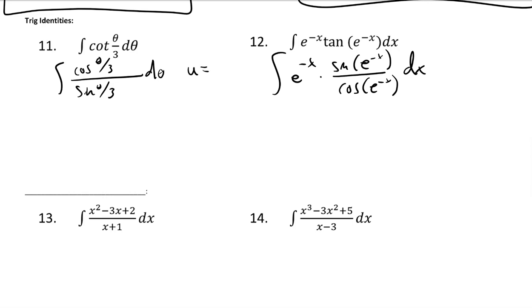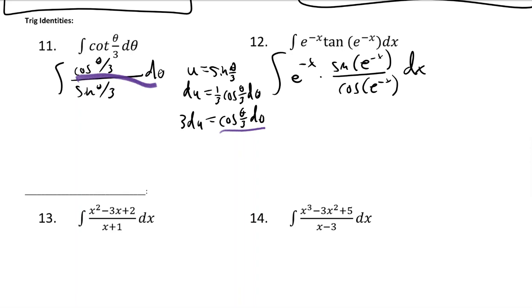Now I could pick u to be my denominator here. And this would be its derivative. Don't forget chain rule, and that's where the 1/3 is coming from. I match it up to this, compare these two. I don't want that 1/3 to be there. I want this. This is this. So if I'm multiplying this side by 3, multiply that side by 3.